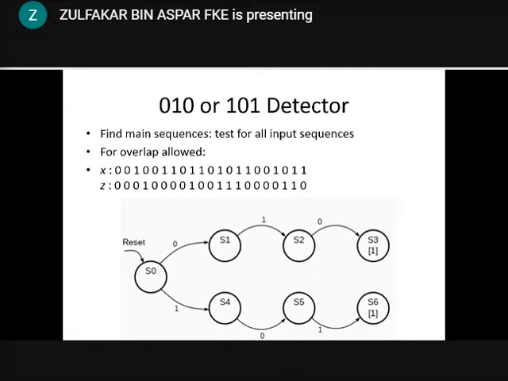As you can see, S0 to S1, S1 to S2, S2 to S3 are the input sequence of 0, 1, 0, while S0, S4, S4 to S5, S5 to S6 is the main sequence of input 101.